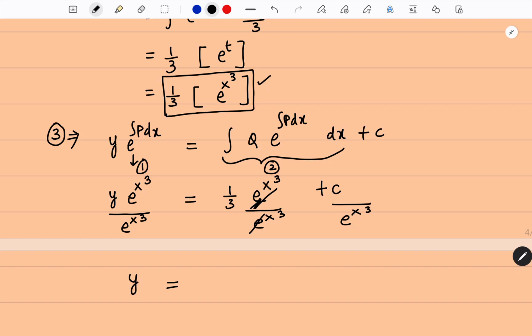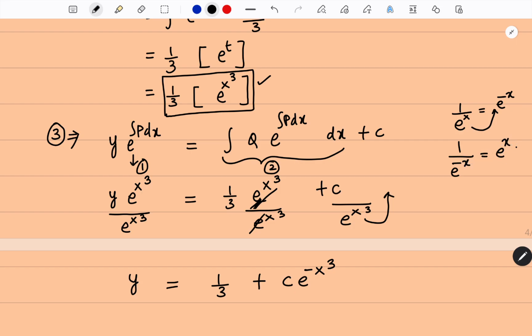When it gets cancelled, your term is 1 by 3 plus c e to the power of minus x cube. How? Because I'm taking this e power x cube to the top. Suppose you have 1 by e power minus x. If you bring it to the numerator, it will be e power x. So this is going to be your solution: y equals 1 by 3 plus c e power minus x cube.